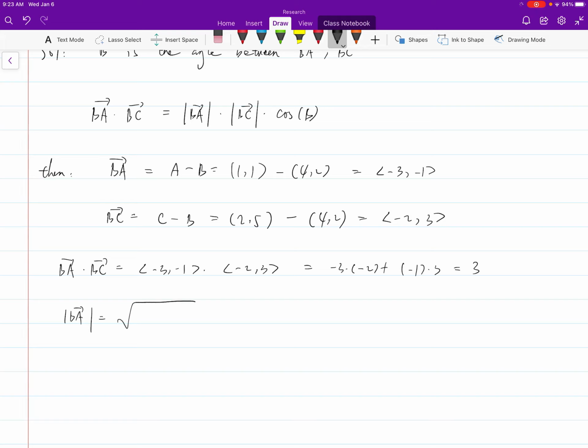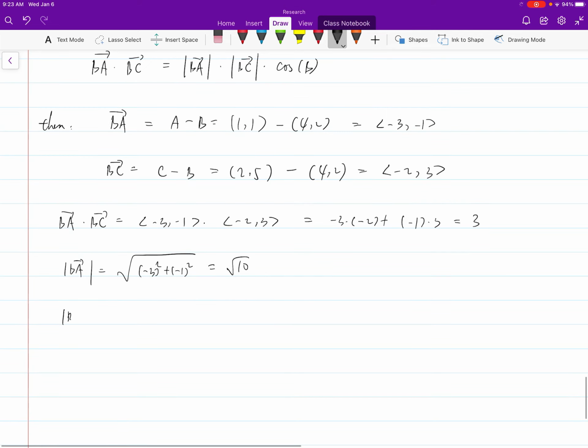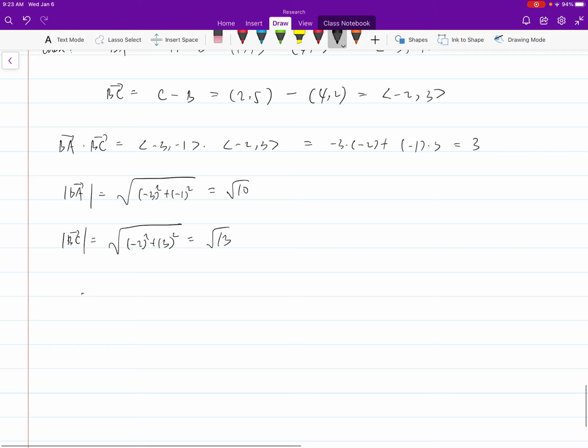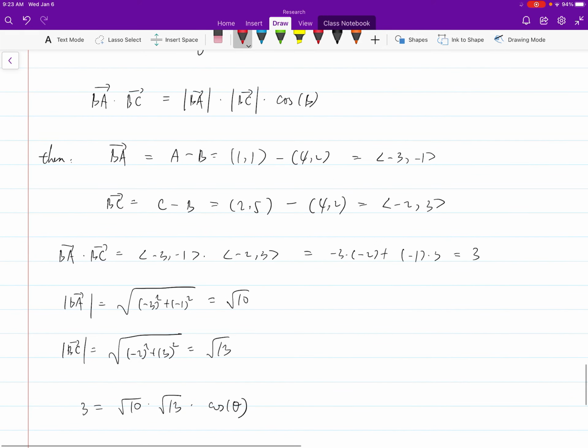That is going to be the square root of -3 squared plus -1 squared, which is square root of 10. BC is going to be the square root of -2 squared plus 3 squared, which is square root of 13. Therefore 3 equals square root of 10 times square root of 13 times cosine theta, if you plug everything into the original definition of dot product.